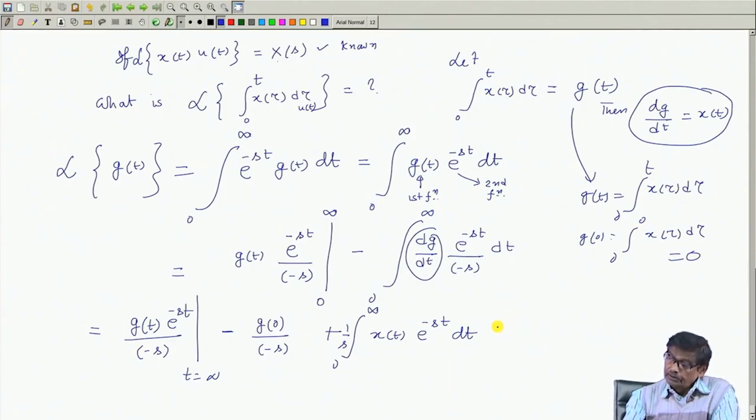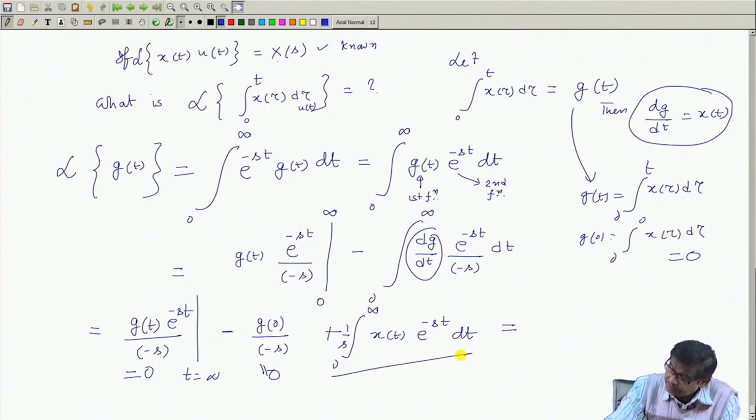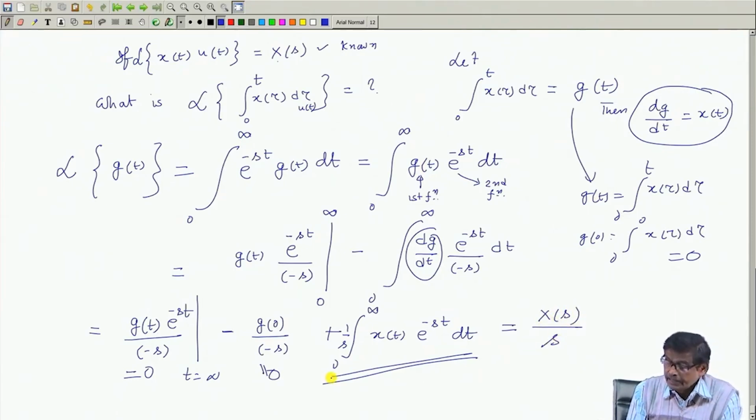So this term is 0 because e to the power minus sigma t goes to 0 as t tends to plus infinity, and this term g(0) is 0. So this is also 0, and you will be left with only this term, and by definition x(t) into e to the power minus st dt is nothing but X(s). So X(s) by s.